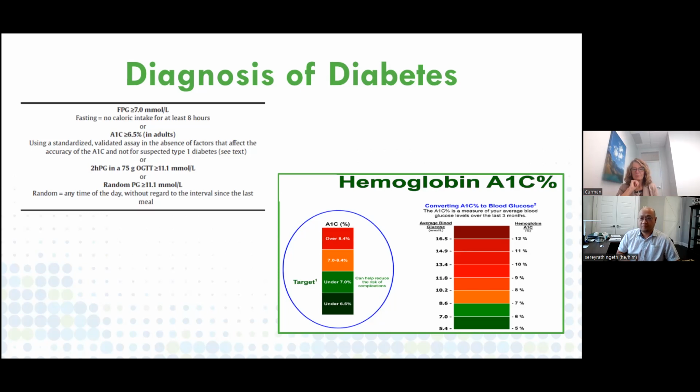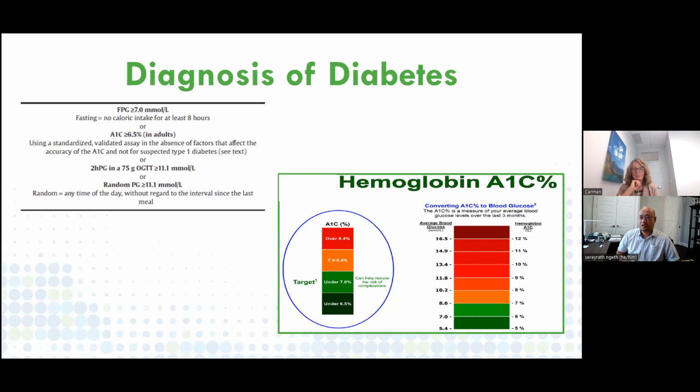And over time, the A1C will increase as the blood sugars increase. So one can imagine that if you're a diabetic and you have lots of sugars flowing in the bloodstream, more gets attached to hemoglobin or red blood cells, and your A1C increases. So it gives us a pretty good idea of what your blood sugars are like over the span of about 3 months or so.